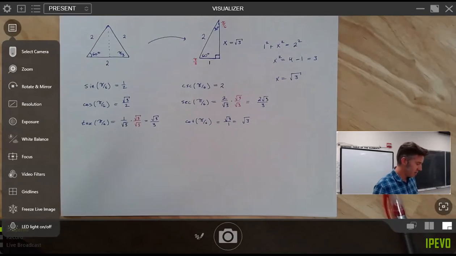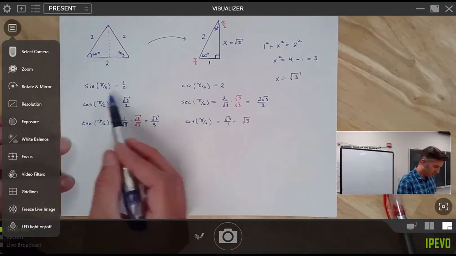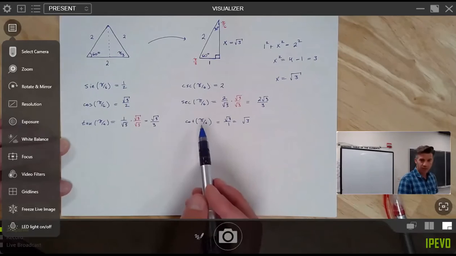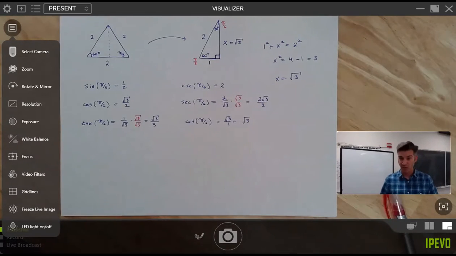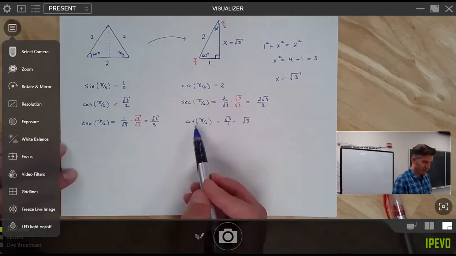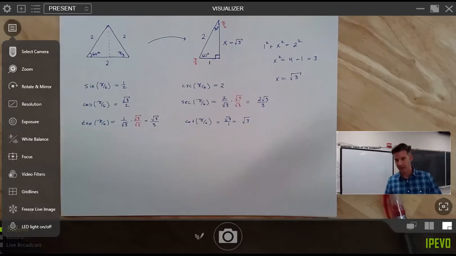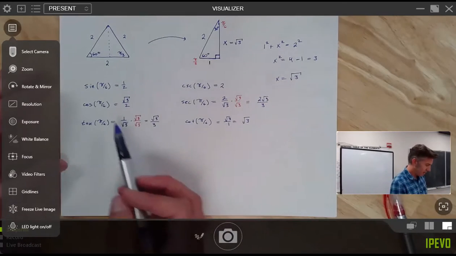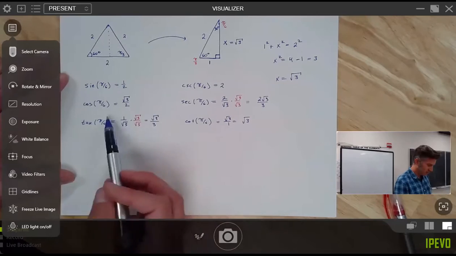There was something else I wanted to mention here, is that when I think about the reciprocal pairs, here's how I kind of remember which one goes with which. Tangent and cotangent obviously go together. They have the same name. And then which one goes with sine and which one goes with cosine?